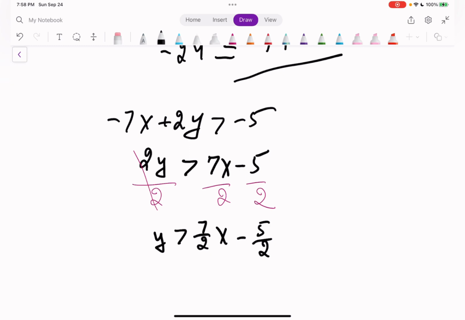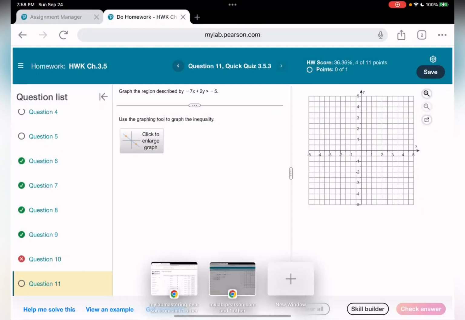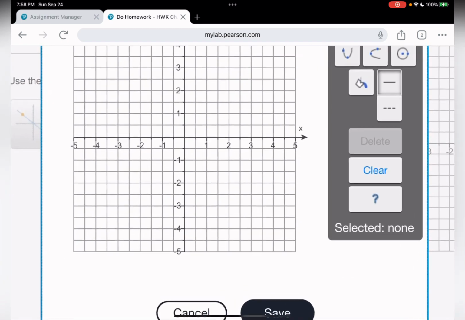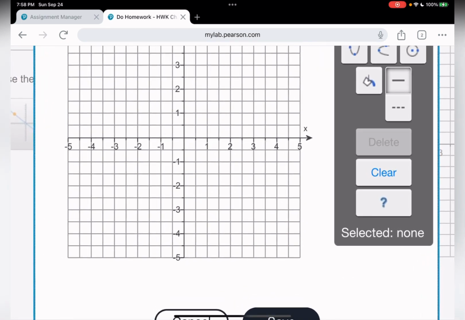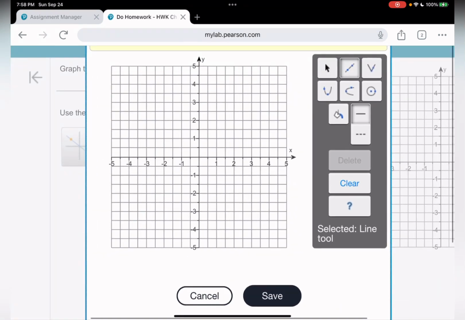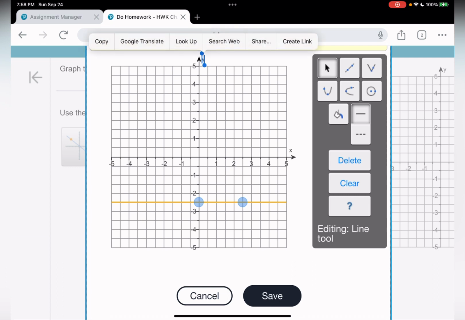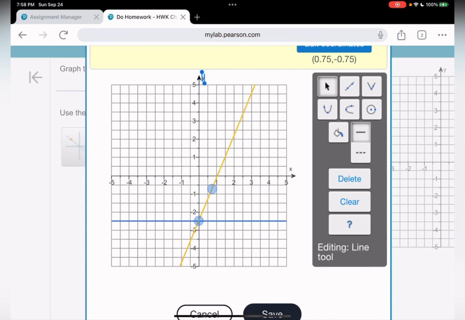Okay, let's see. Maybe the graphing paper will allow us. I have to start with 5 over 2. That's 2.5. Wow. Oh yes, very good. We need negative 2.5. So okay, the graphing paper allows us 2.5 here, and 7 over 2 is my slope. So I'm coming up by 7. 1, 2.